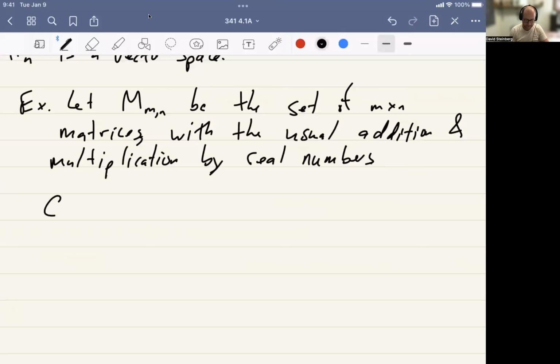We can show M sub m,n is a vector space too.